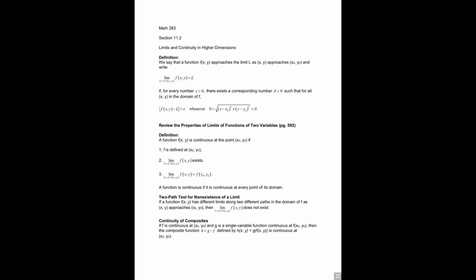Okay, so this here basically is just referring to the limit definition.